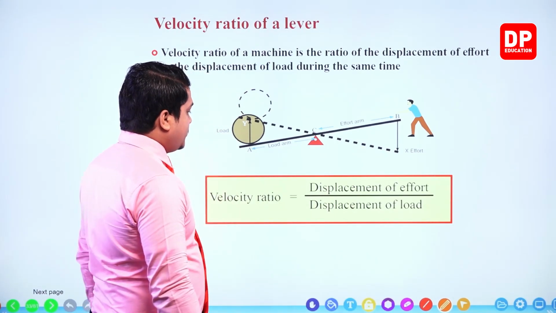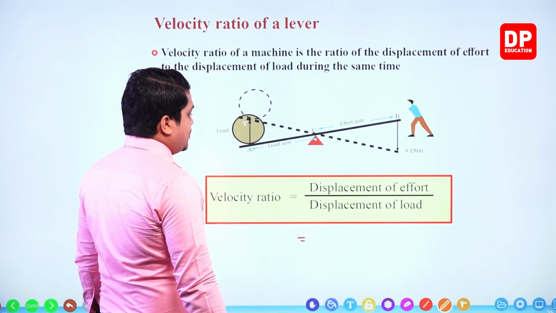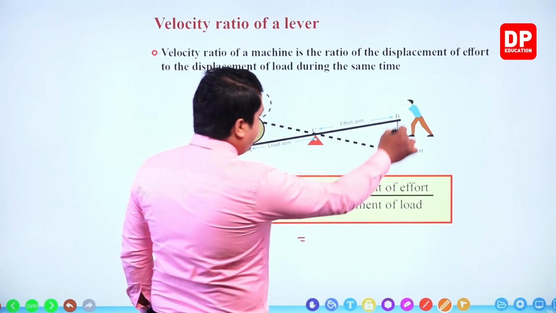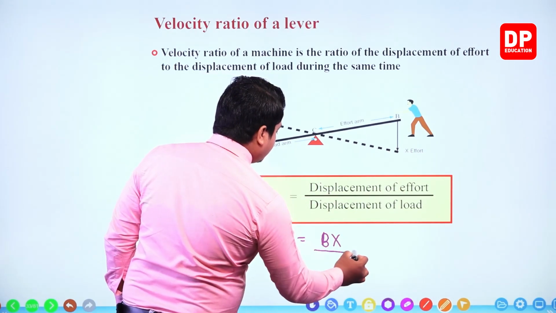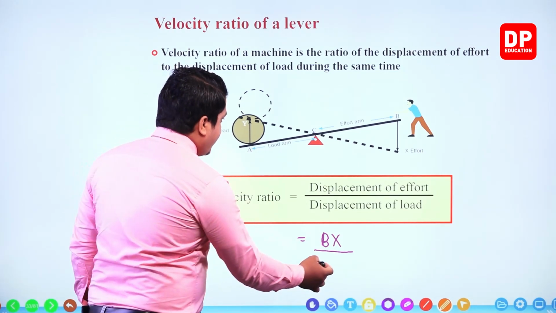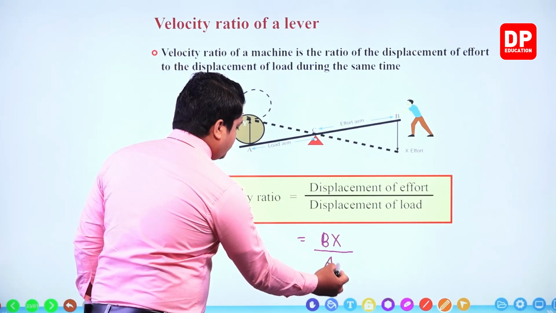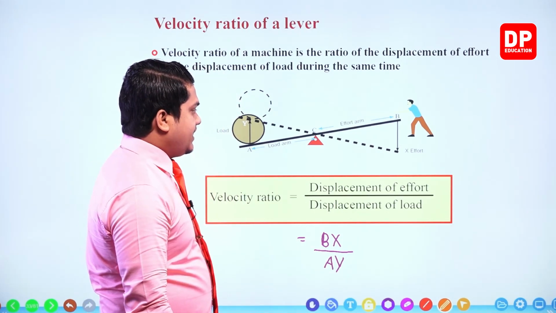In here you can define it like this. The displacement traveled by the effort is equal to Bx, and the displacement traveled by the load is equal to Ay. So this is the velocity ratio, Bx over Ay.